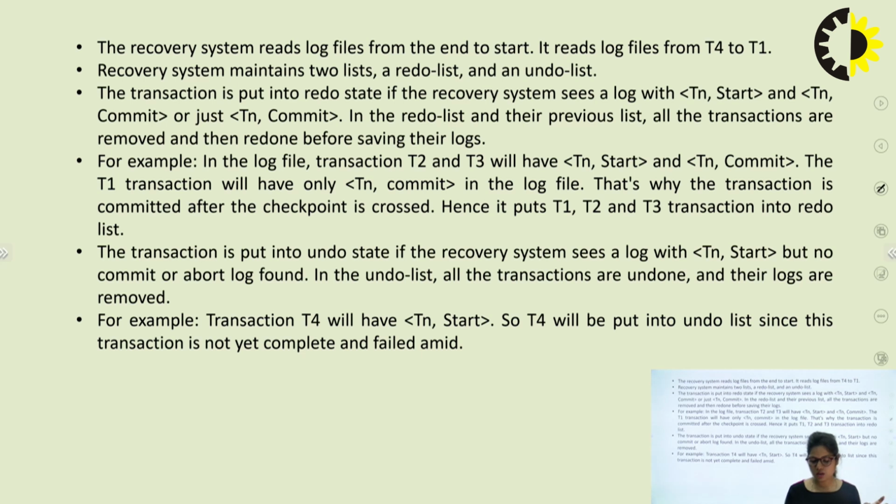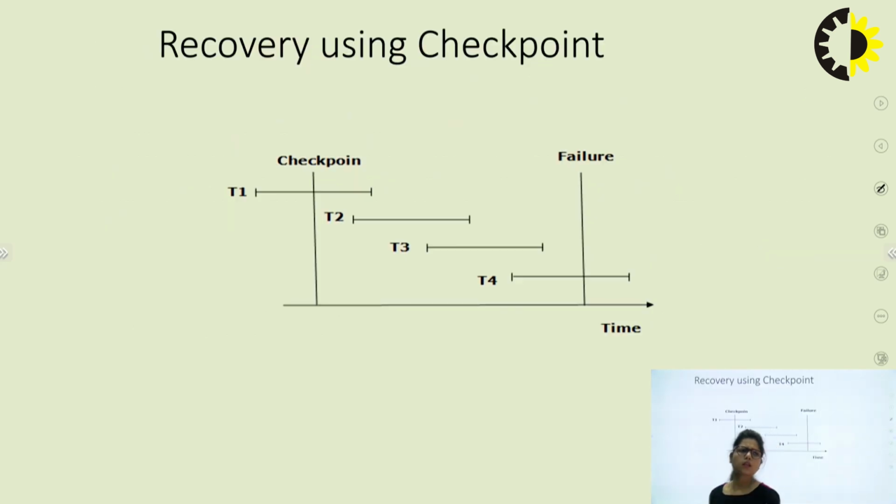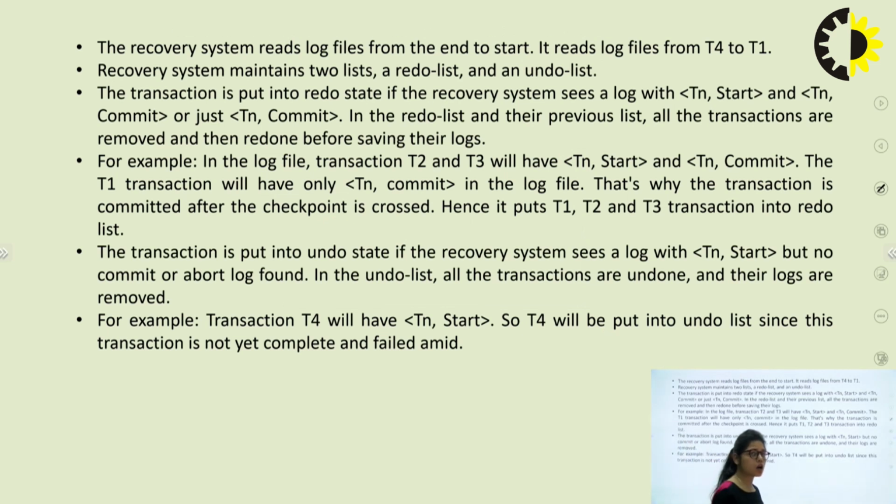In transactions T2 and T3, we have start and commit operations in the log file. That's why the transaction is committed after the checkpoint is crossed. Hence, it puts the T1, T2 and T3 transactions into the redo list.